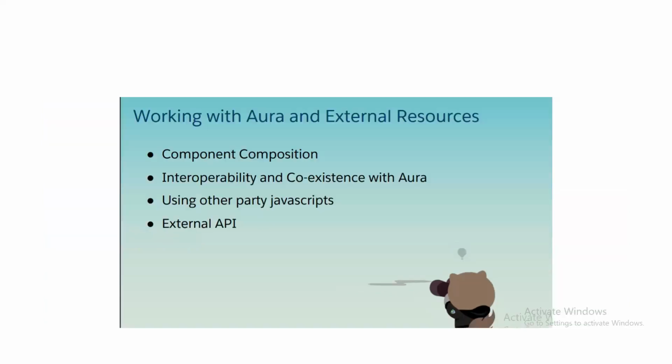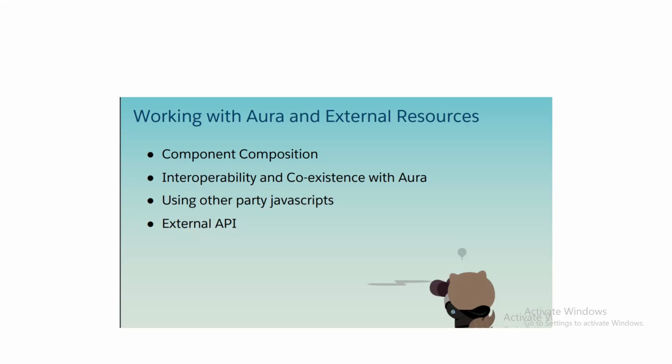Now we'll also understand about component composition, interoperability, and coexistence with Aura, how we can use Lightning Web Components with Aura. So in that case, we have a new concept from Salesforce, that is Lightning Message Service. So we will deep dive to understand how Lightning Message Service can be used.